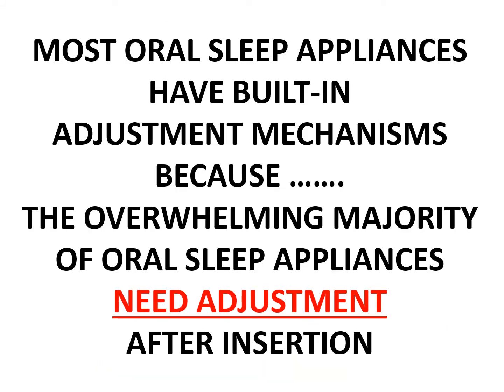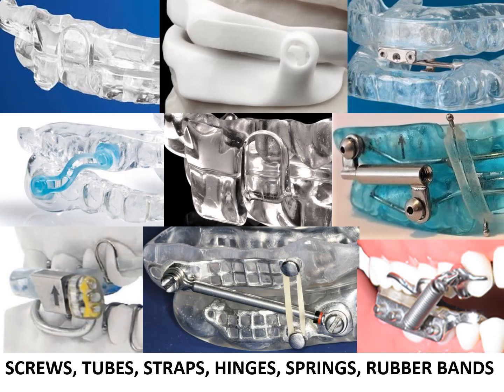Most oral sleep appliances have built-in adjustment mechanisms because the overwhelming majority of oral sleep appliances need adjustment after insertion. Here's a composite picture of what looks like 9 different appliances, all adjustable, and the adjustment mechanisms consisting of screws, tubes, straps, hinges, springs, and rubber bands.